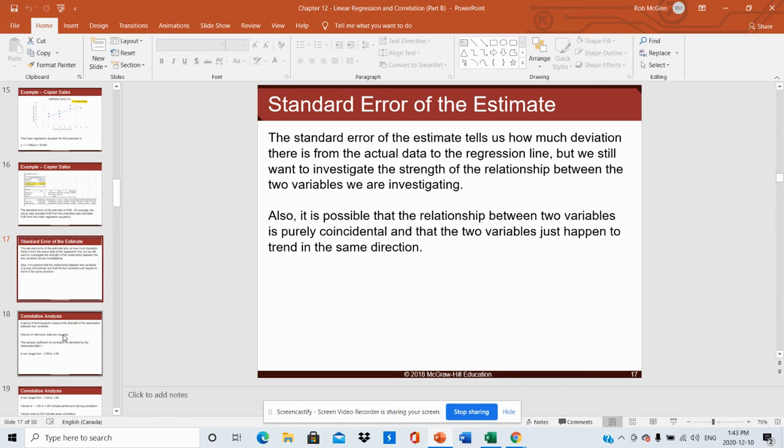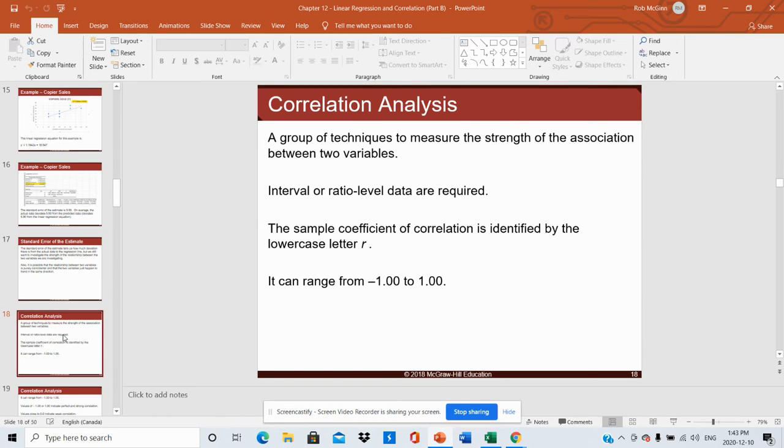So, to start off with, we're going to look at the correlation coefficient. Correlation analysis is a group of techniques to measure the strength of the association between two variables. And in order to do this, we'll need interval level or ratio level data.